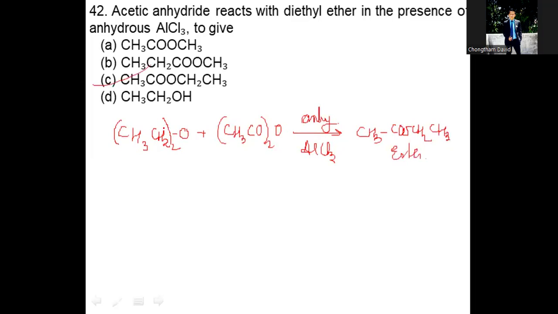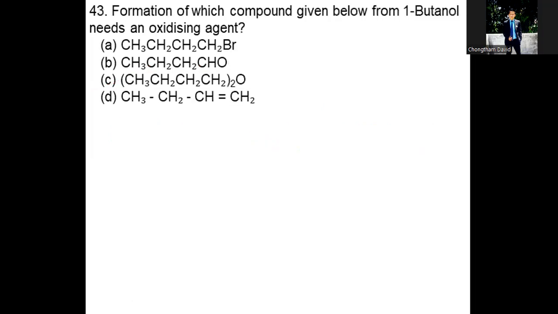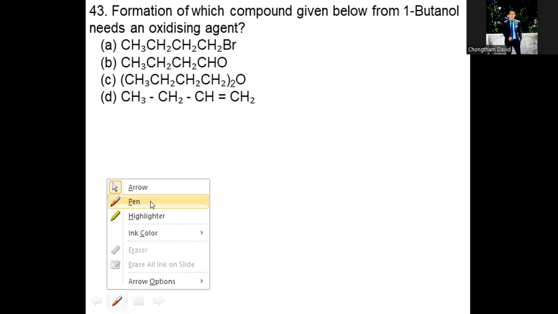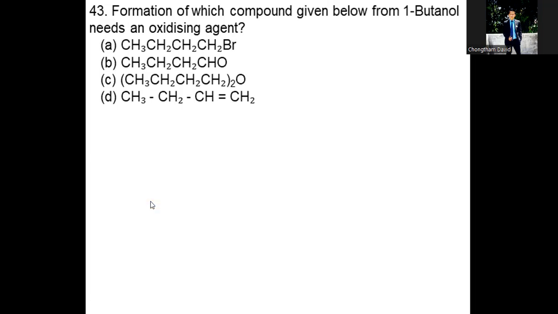Right? Let us move to the last 3 questions. Question number 43. Formation of which compound given below from 1-butanol needs an oxidizing agent? Can you answer this? 1-butanol. This is a primary alcohol.